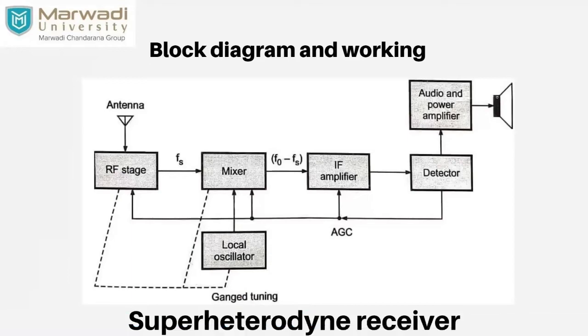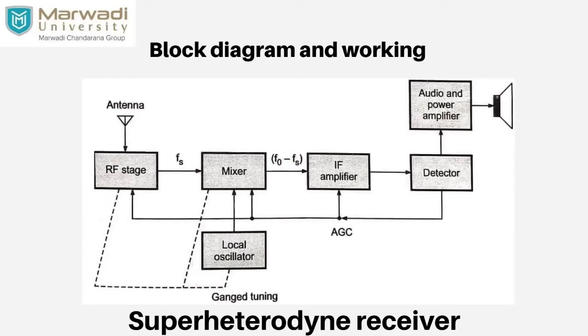By using the local oscillator, we can tune a frequency of our choice. Then the mixer allows only some part of the frequencies to pass, and IF amplifier means intermediate frequency amplifier.